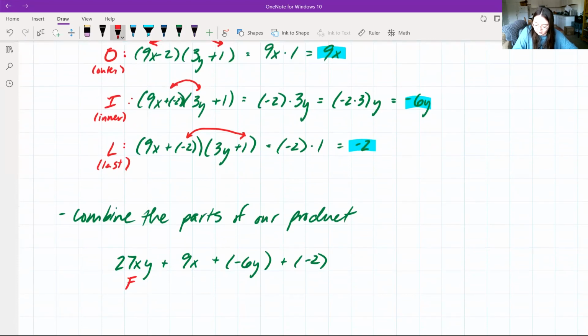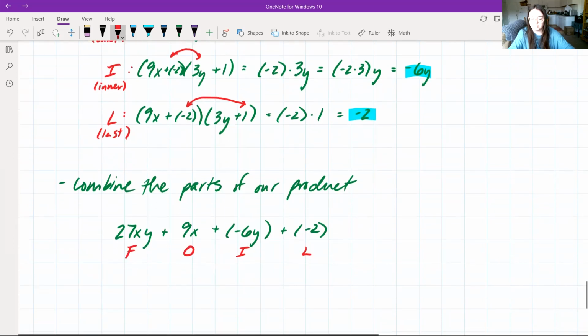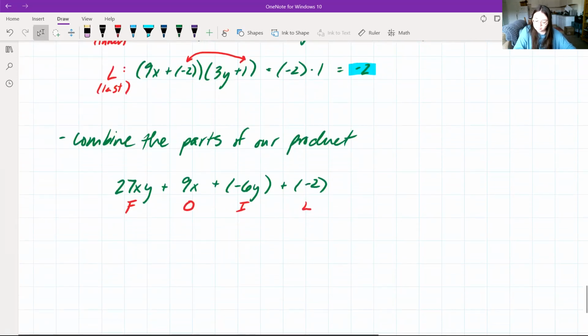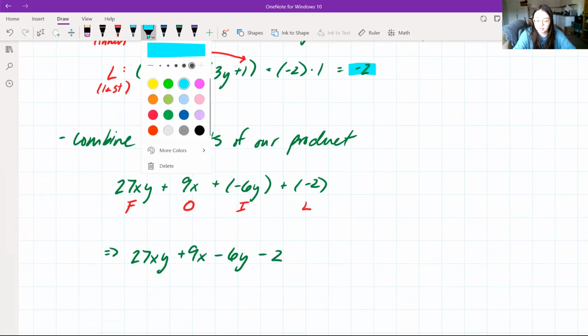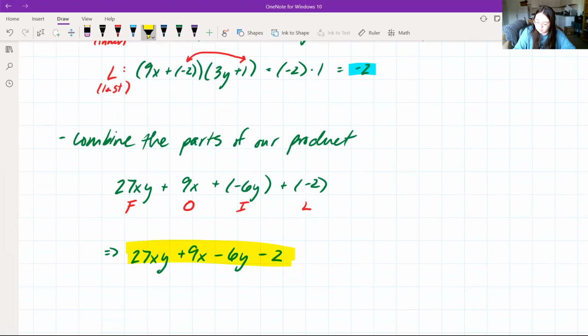And remember now, this is our FOIL. And just simplifying, we get 27xy. We can't combine our outer and inner terms because they have different variables, but we can simplify them to say plus 9x minus 6y minus 2. And that would be our final answer.